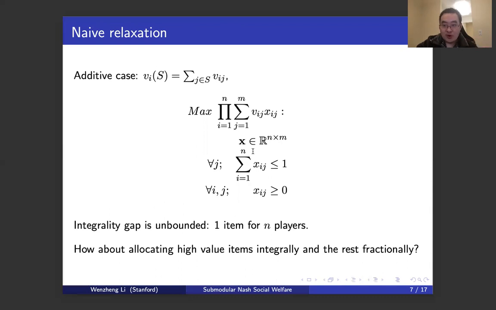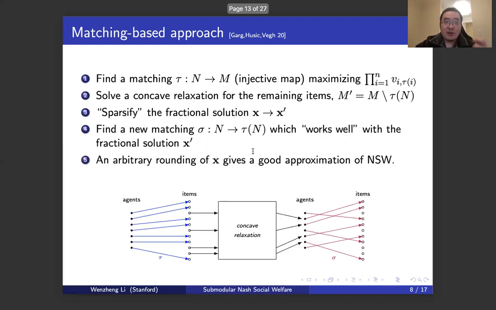Will this approach work? Okay, and that's actually almost exactly what Garch et al. do in their new matching-based approach. In step 1, more specifically, they compute a maximum matching between agents and items, and they call all the matched items high value items.